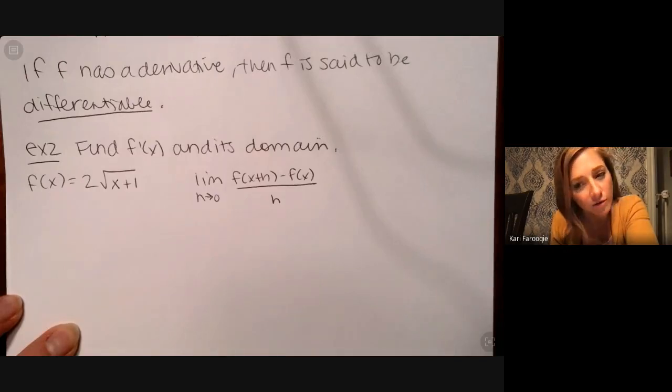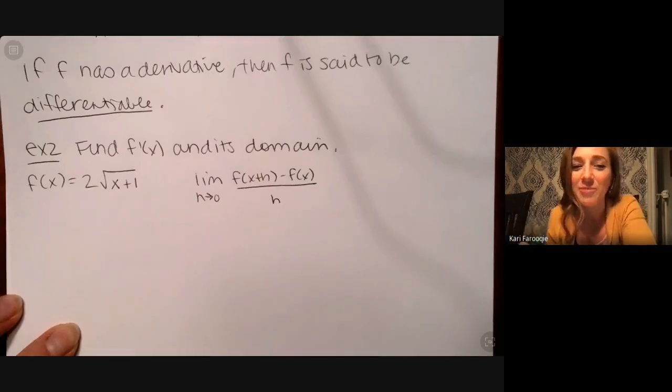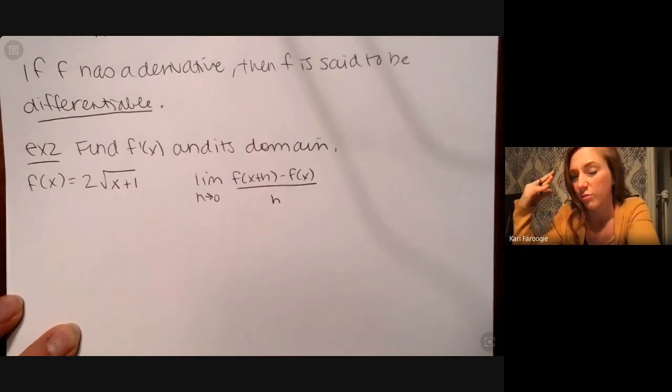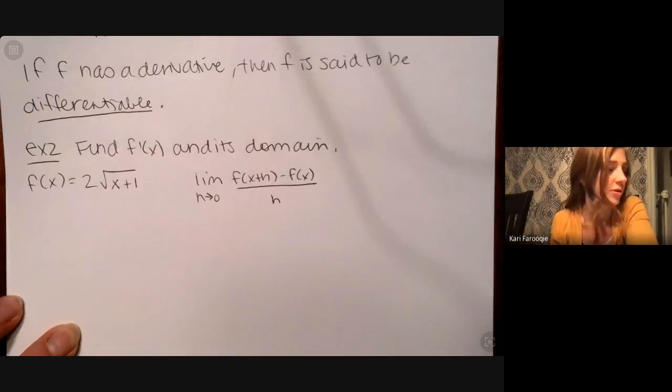This might involve the conjugate. If you're thinking conjugate, good job. You're right to be thinking conjugate, but we're not quite there yet. We're going to have to get there. But if you're thinking ahead at what we might be heading towards, you're on the right track.